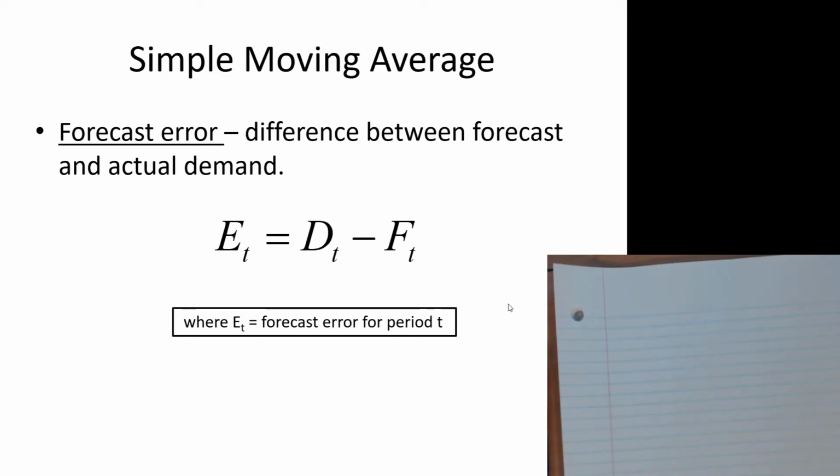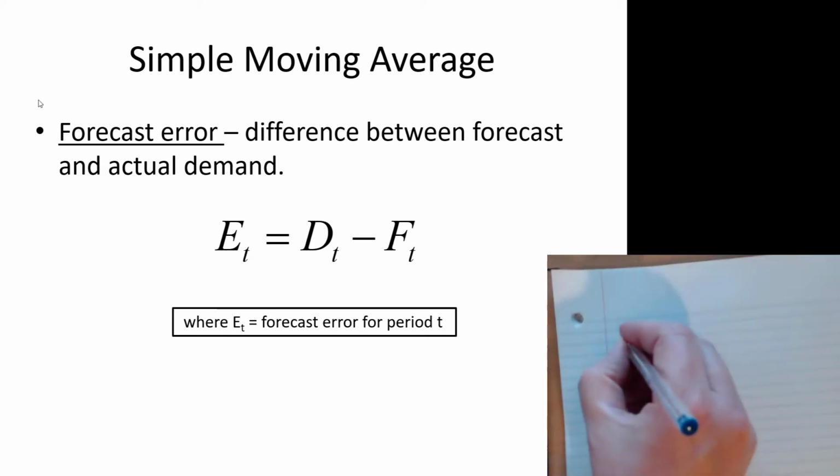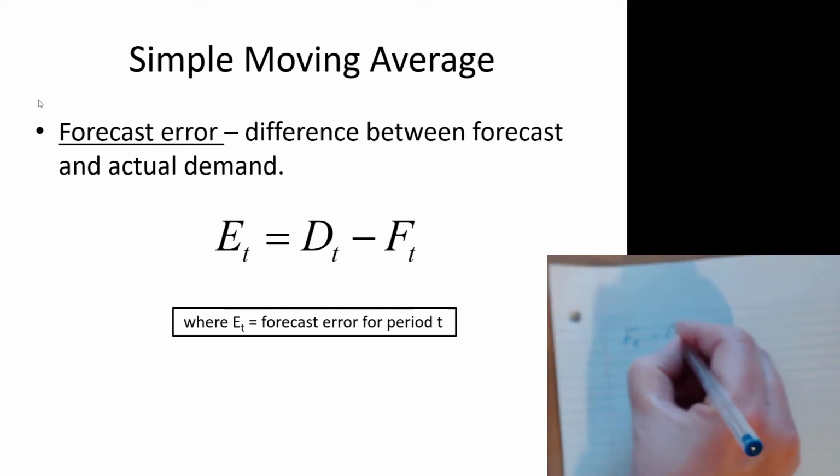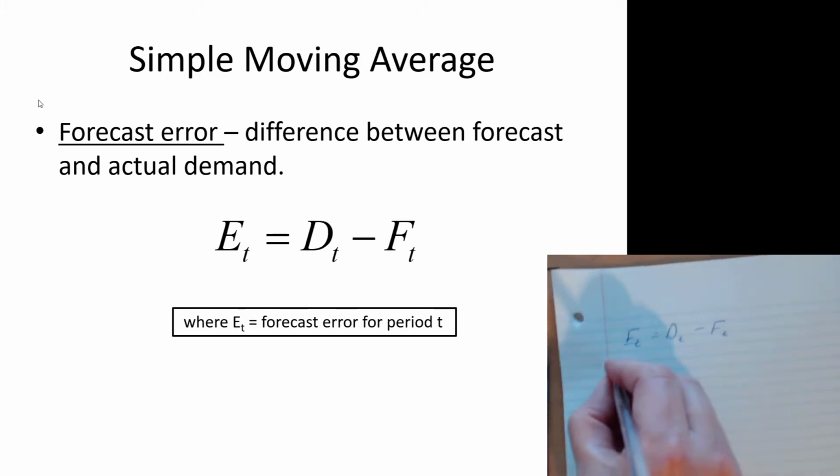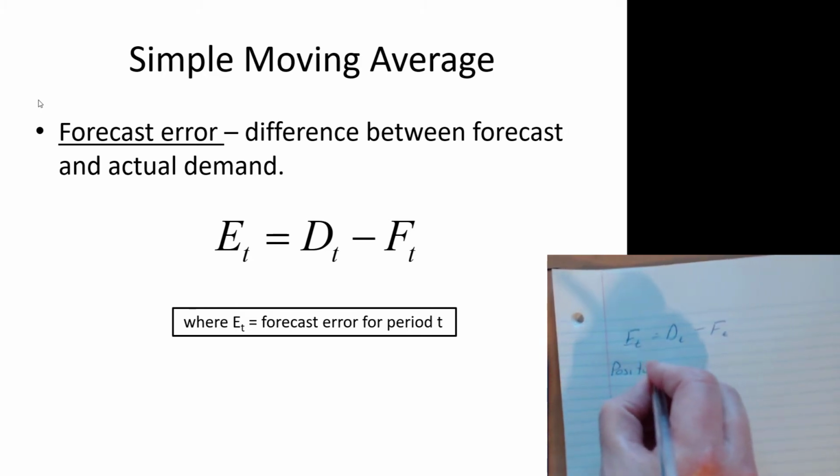Sometimes it's positive, sometimes it's negative, right? And there's a lot of information in whether it's positive or negative. So for instance, there's my error. That's just whatever the demand is minus the forecast. Well, what if that error is positive?